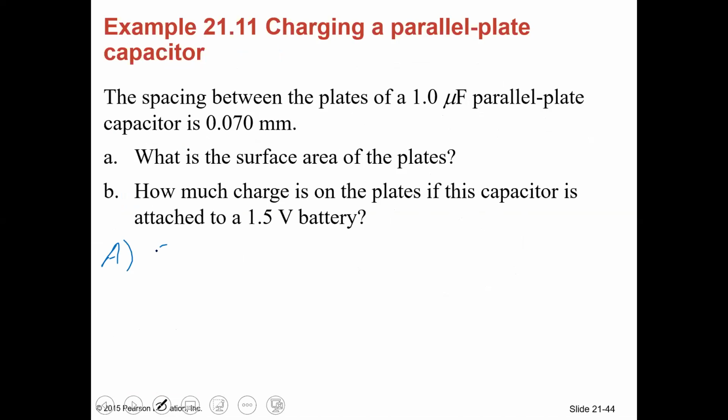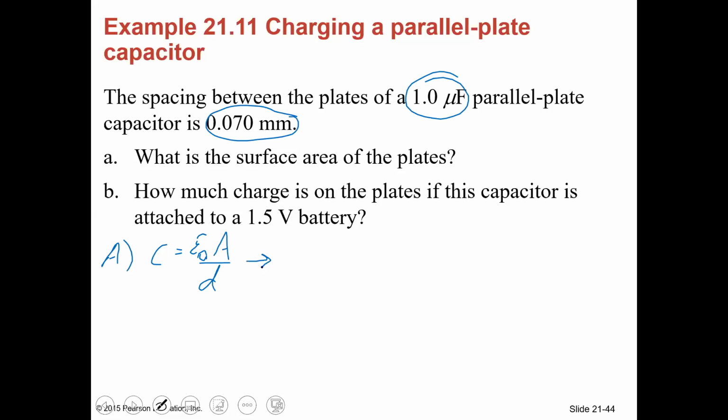All right, so A, the surface area of the plates. Well, we know capacitance is related to surface area from this equation here. We have C, our capacitance, and we have the distance.